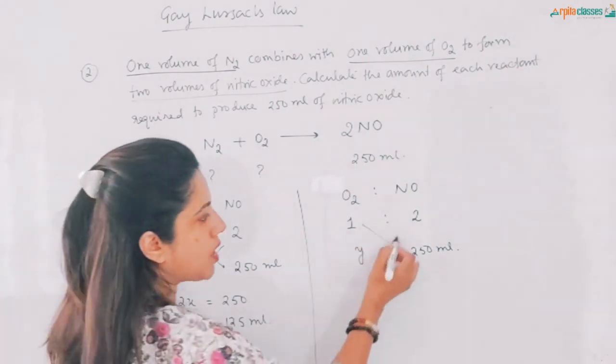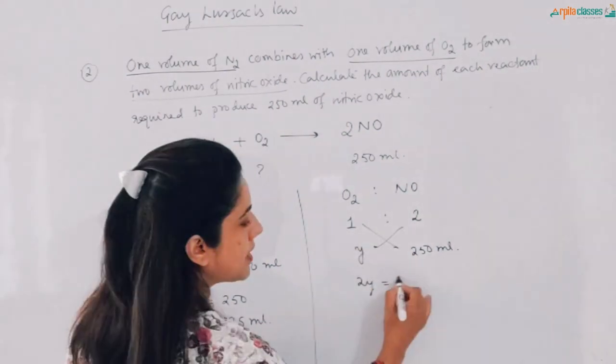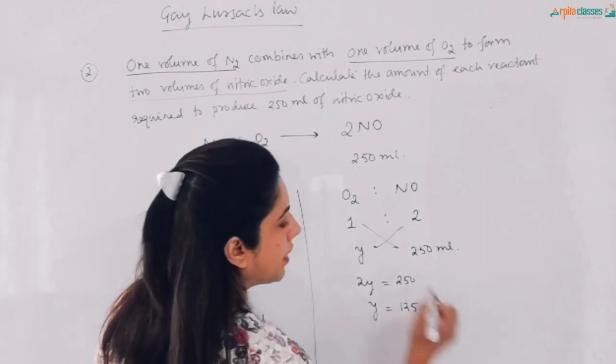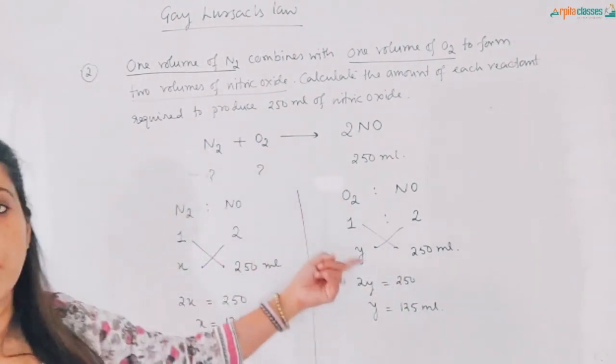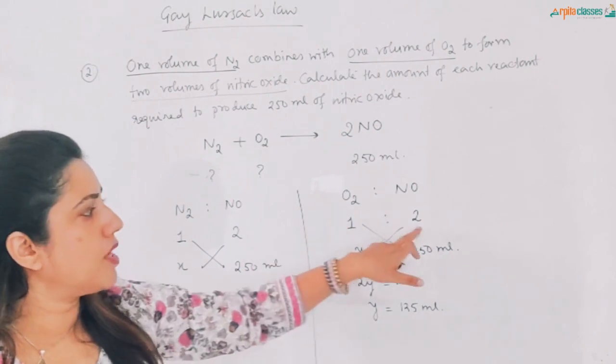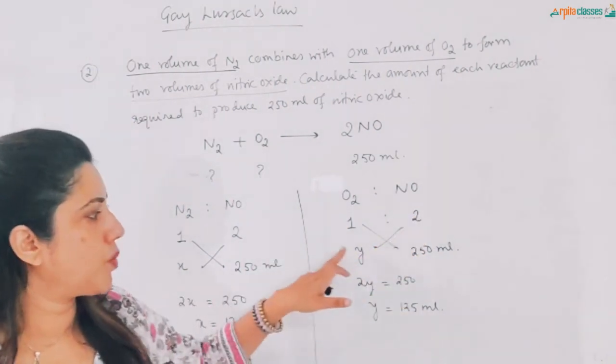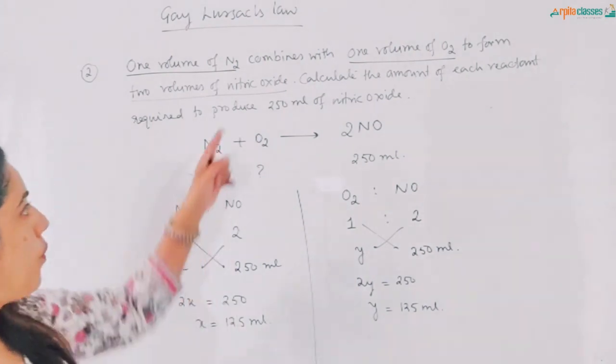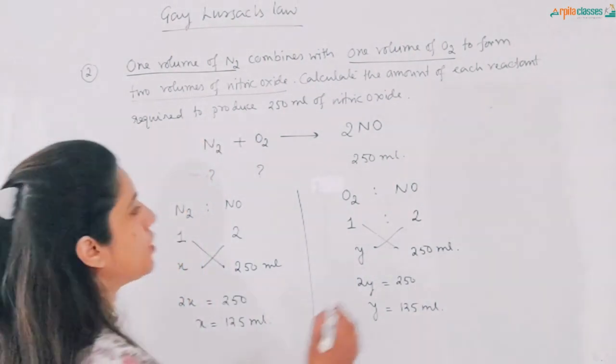If nitric oxide is 250 milliliter, oxygen will be how much? Oxygen is y. Cross multiply, so it will be 2y is equal to 250 or y is equal to 125 milliliter. We can easily see from here only that the ratio is 1:2. So if this is 250, this will be half of it. But this is a right way to show the sum. So what they are asking, calculate the amount of each reactant.